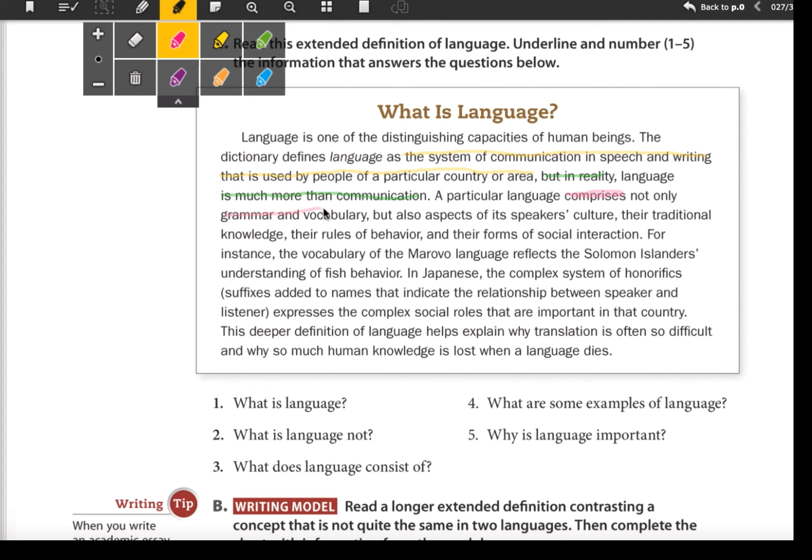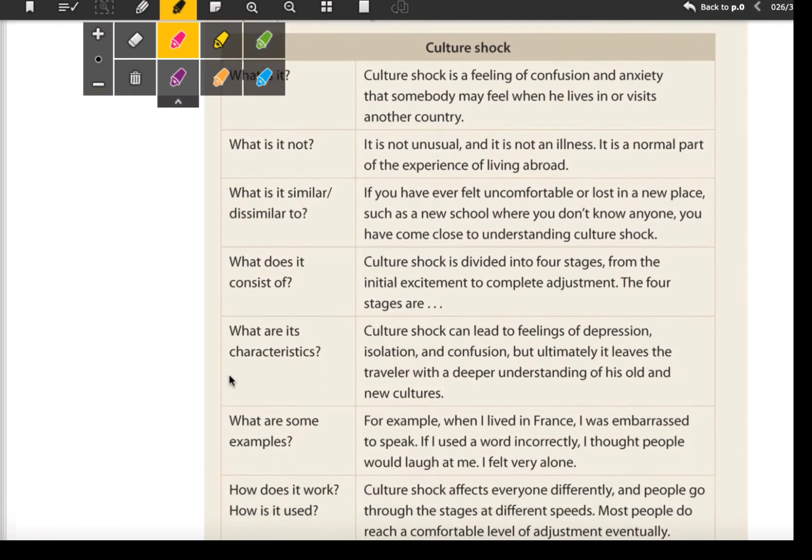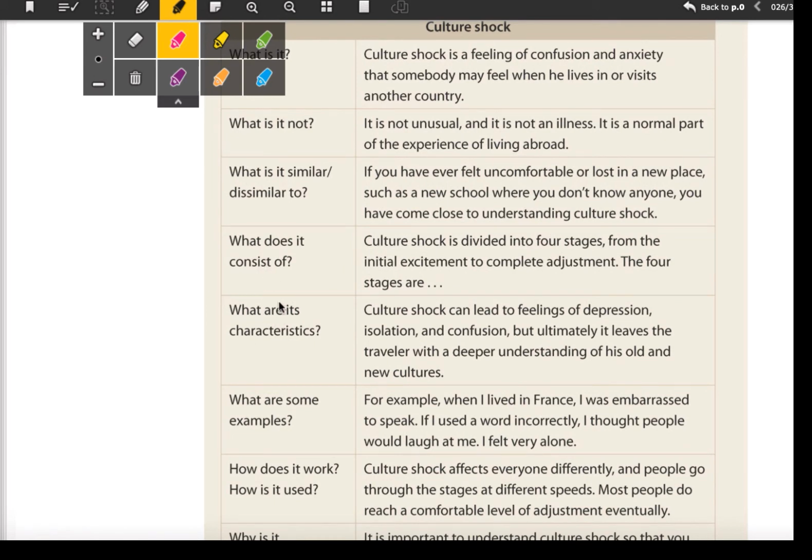So all of this is what language comprises of, what it consists of, what are its characteristics. Remember I said that on this page over here, what does it consist of and what are its characteristics? That can be one and the same, okay? So if you want to combine these two, that's okay.